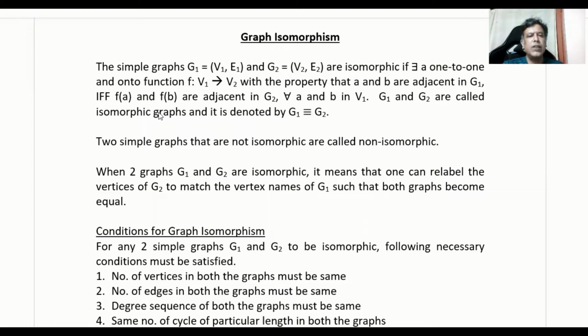G1 and G2 are then called isomorphic graphs, denoted by G1 ≅ G2. Two simple graphs that are not isomorphic are called non-isomorphic.